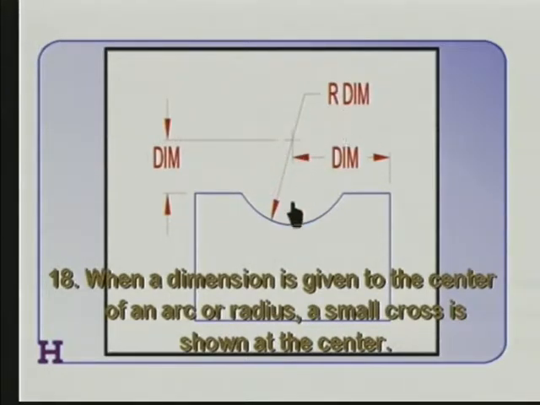We still have the leader line as a radial line, and the radius symbol followed by the numerical value. So whenever we have a radius and you cannot locate the center from the given geometry, you must put the little plus and add the dimensions to locate the center of the arc.